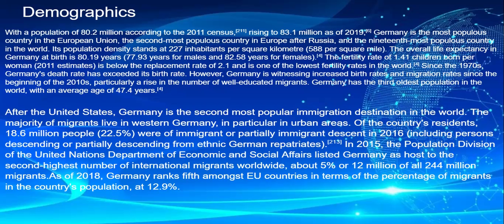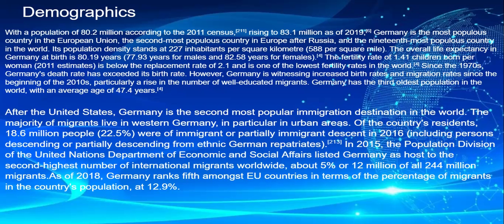18.6 million people, 22.5% were of immigrant or partially immigrant descent in 2016, including persons descending or partially descending from ethnic German repatriations. In 2015, the Population Division of the United Nations Department of Economic and Social Affairs listed Germany as host to the second highest number of international migrants worldwide.